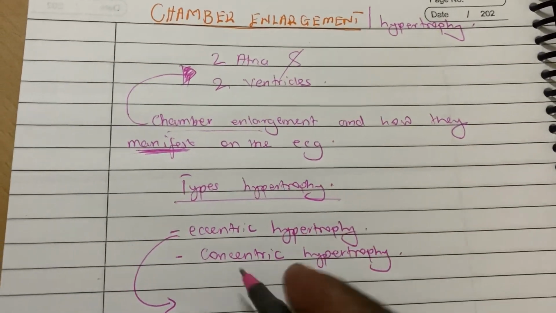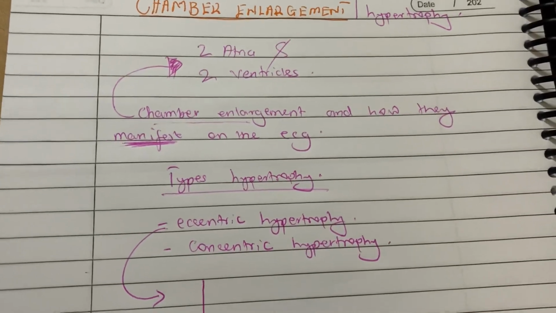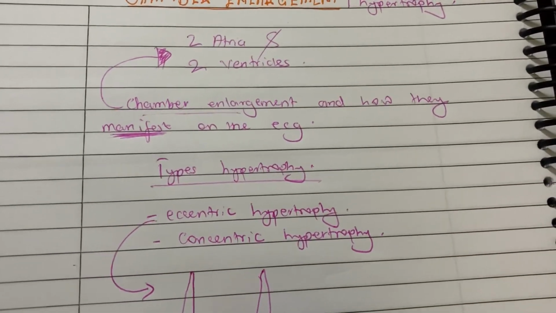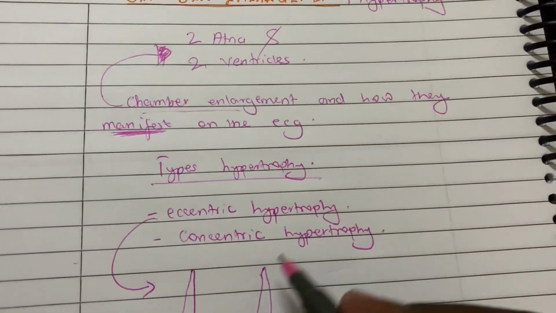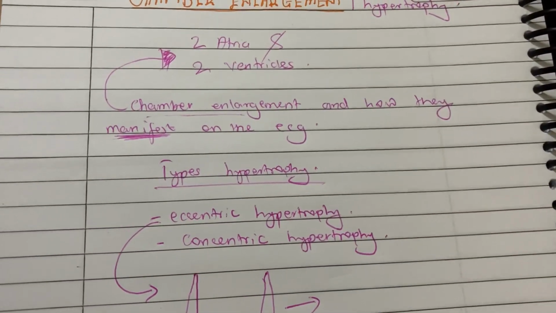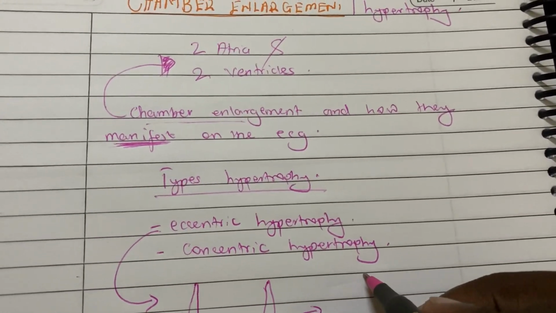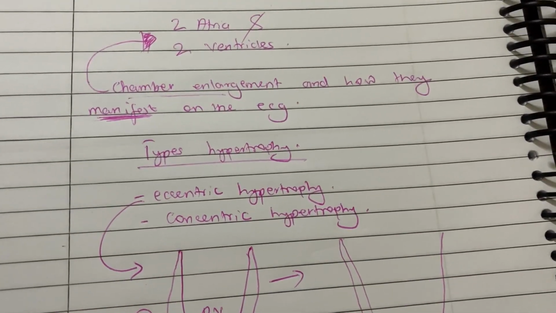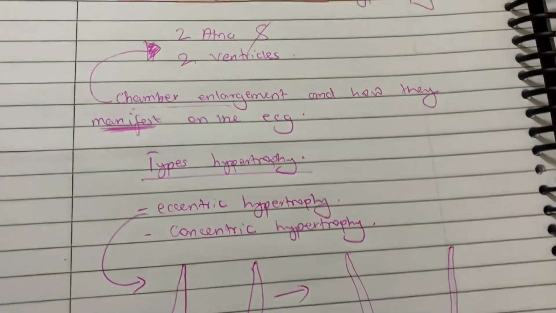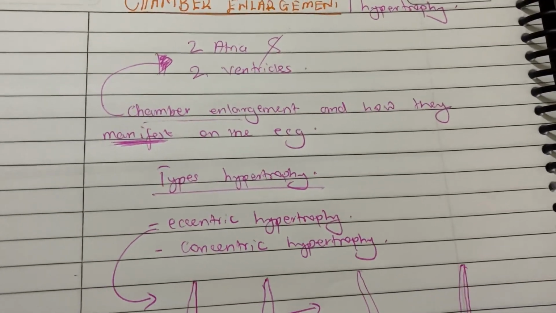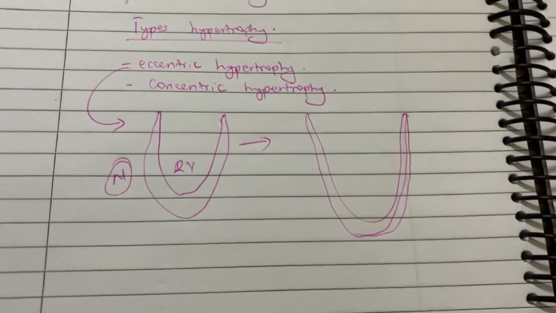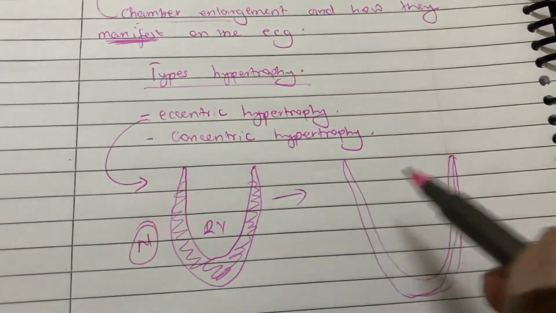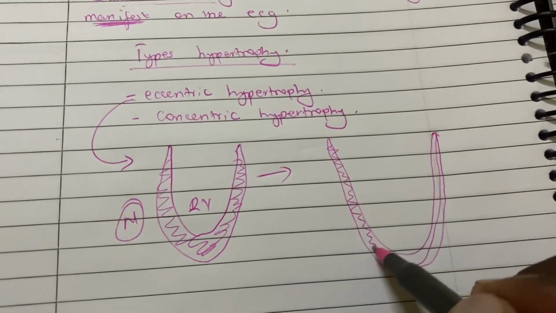If this is the ventricle, for example this is RV and these are the walls, this is normal. If we have eccentric hypertrophy, it is going to turn into something like this. So this is the myocardium, the RV free wall.